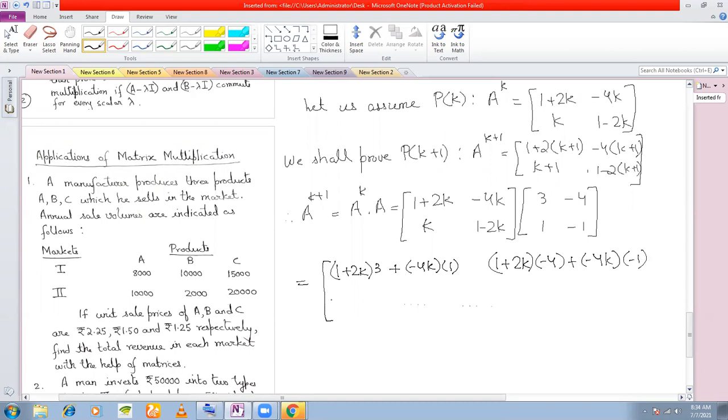Then second row, first column. Then second row, second column. Okay. Simplify this.